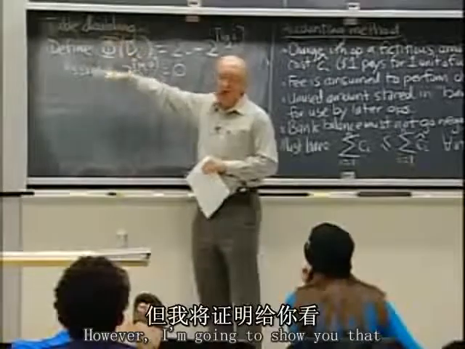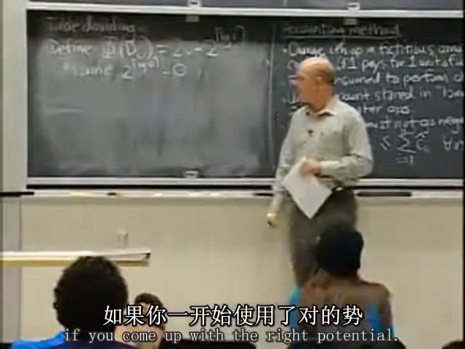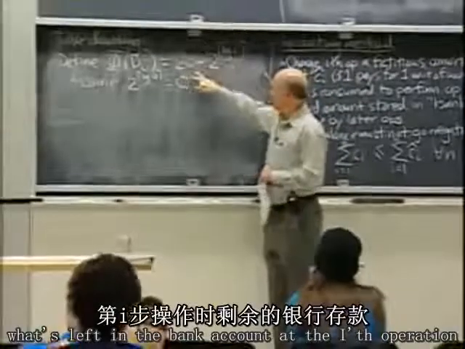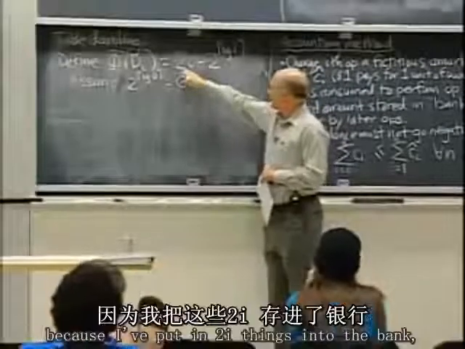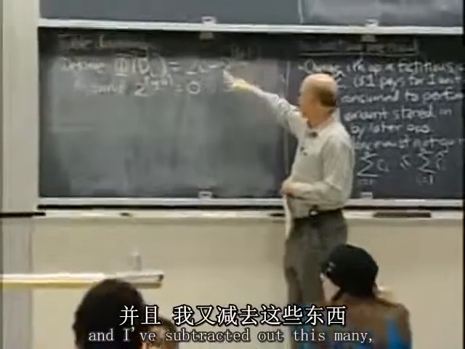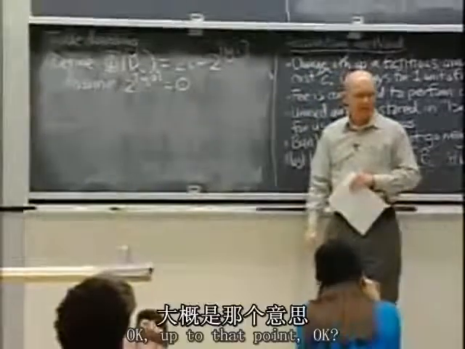However, I'm going to show you that you still can do it with the potential method if you come up with the right potential. Okay? So intuitively, this is basically what's left in the bank account at the ith operation, because I've put in 2i things into the bank, and I've subtracted out this many, essentially, from table doublings, up to that point.